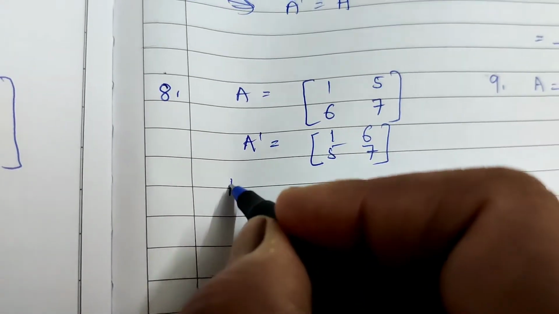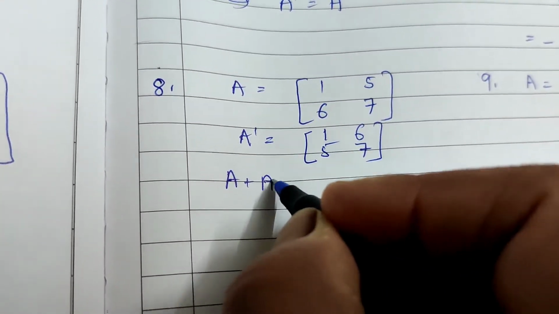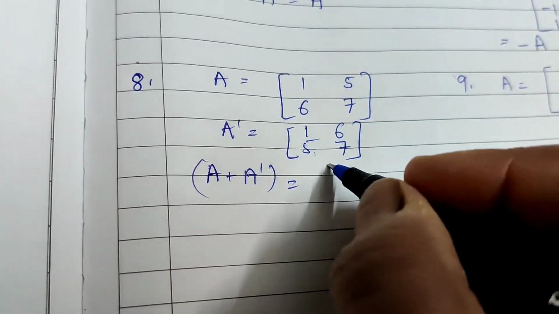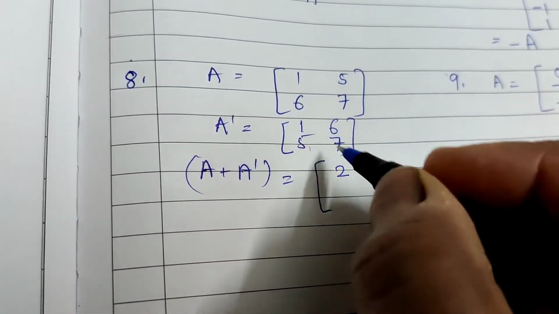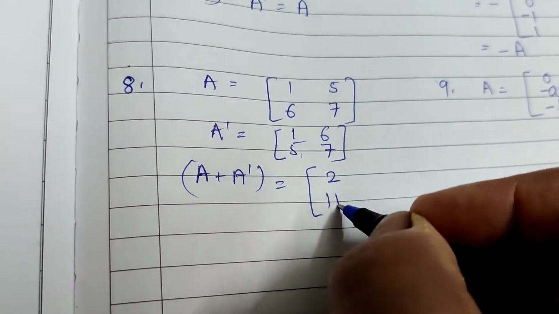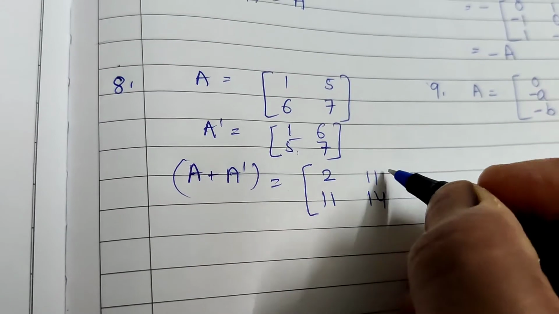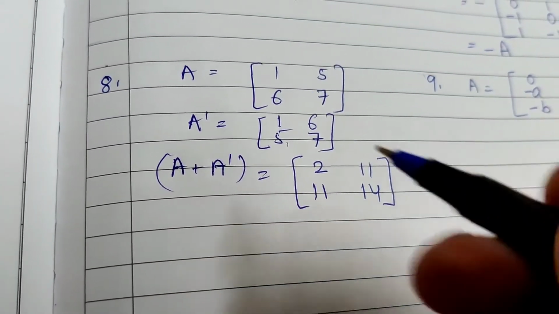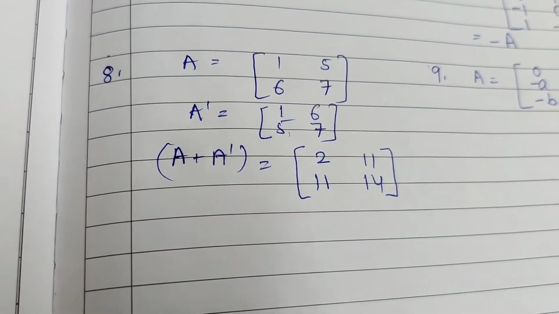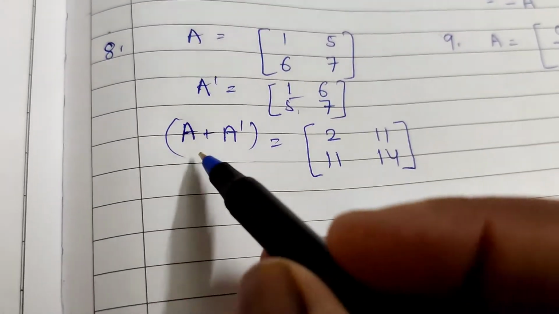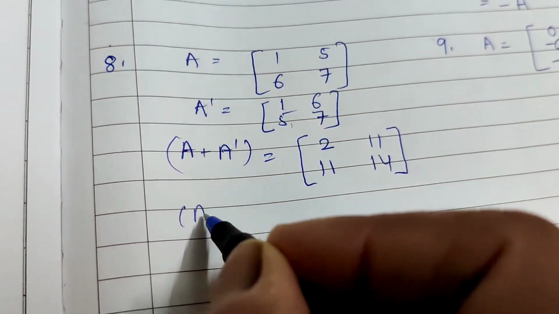Now A plus A dash: add 1 plus 1 is 2, 6 plus 5 is 11, 5 plus 6 is 11, 7 plus 7 is 14. Now the transpose of this addition.